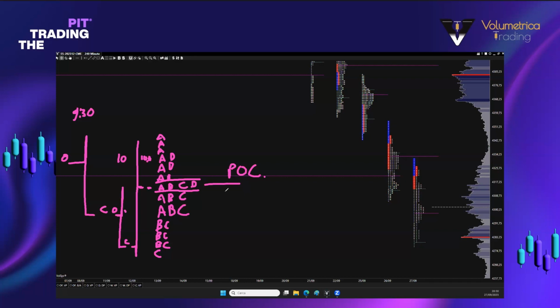And on top of that, volume profile comes with some features for which I would say I prefer the volume profile to the market profile. But for other information, I still definitely prefer the market profile to the volume profile.